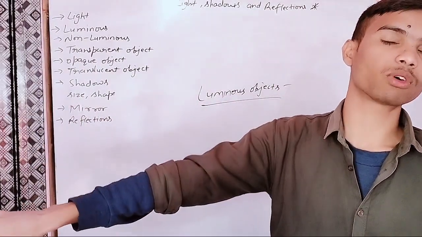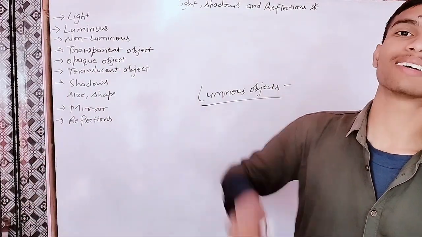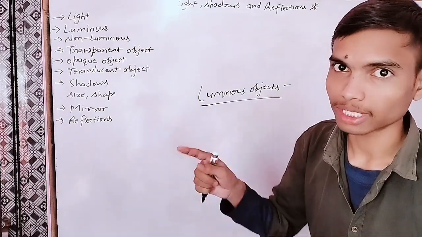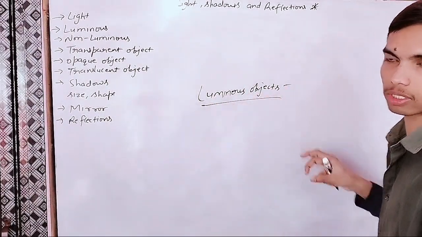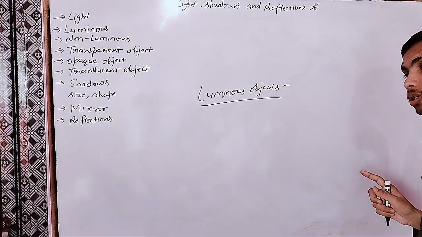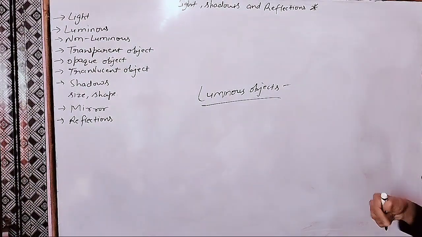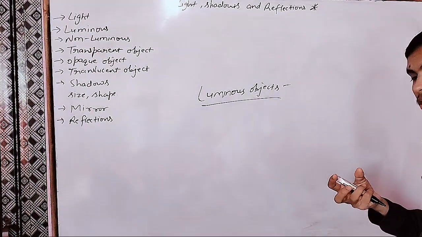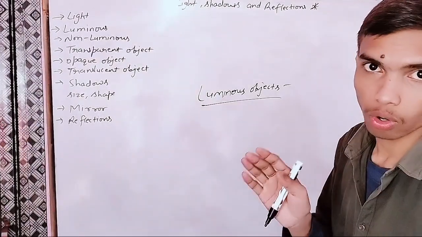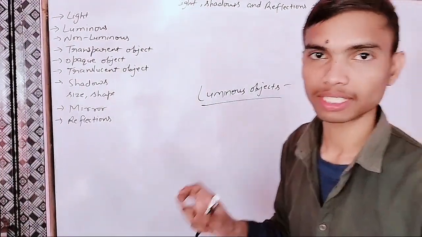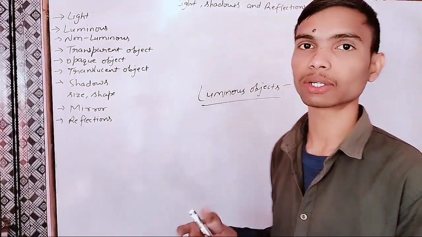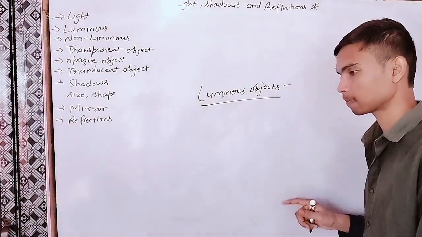So those types of objects would be considered luminous objects. Objects which are emitting their own light are kept in the category of luminous objects. Clear?